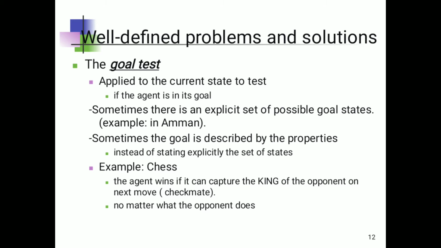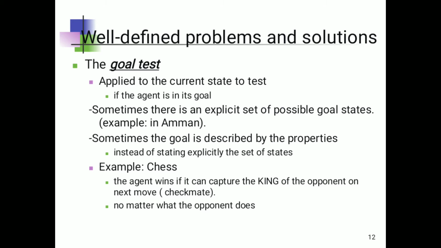Sometimes there is an explicit set of possible goal states. Example, Amman. So there are some explicit set of goal states. Sometimes the goal is described by properties instead of stating explicitly the set of states. So suppose it is asked to reach the Amman city, then it is an example of explicit.